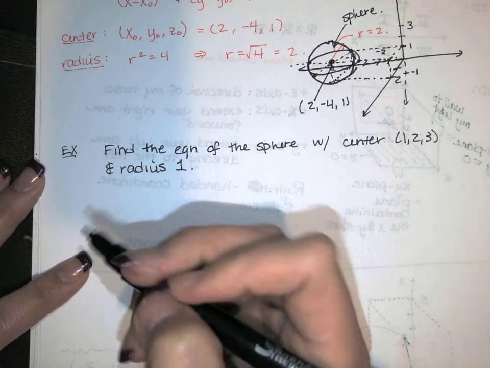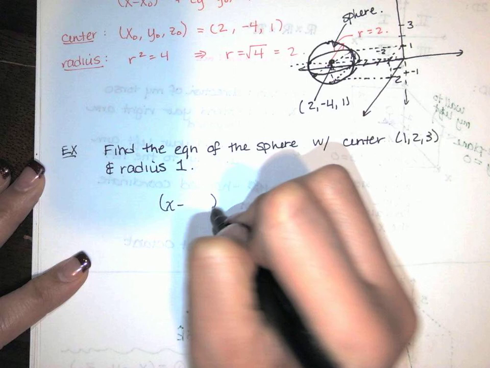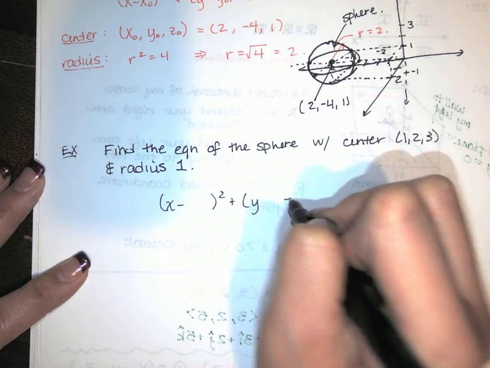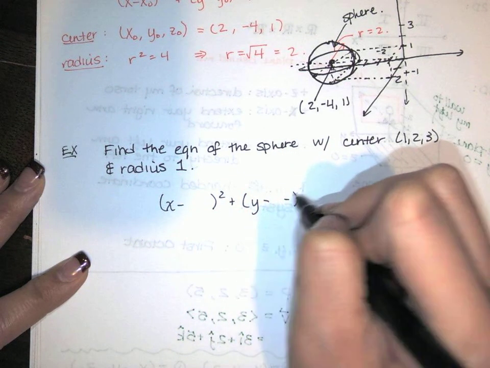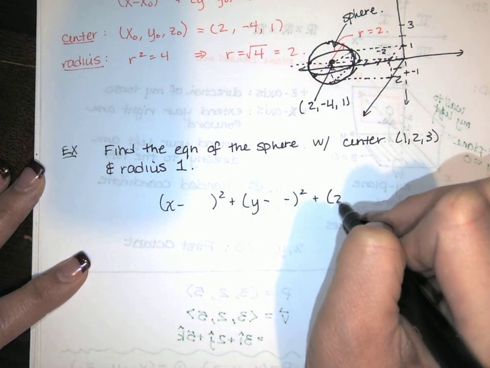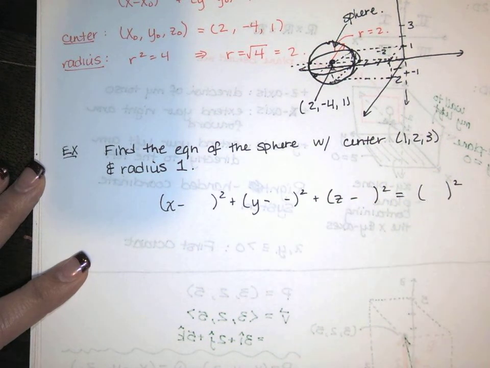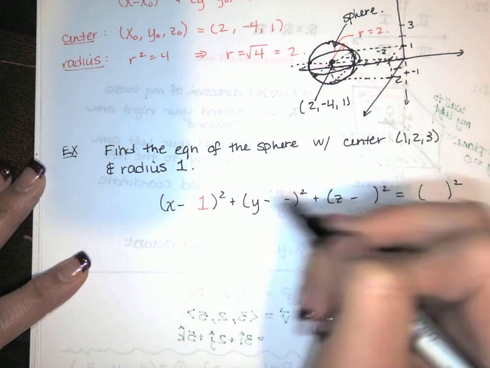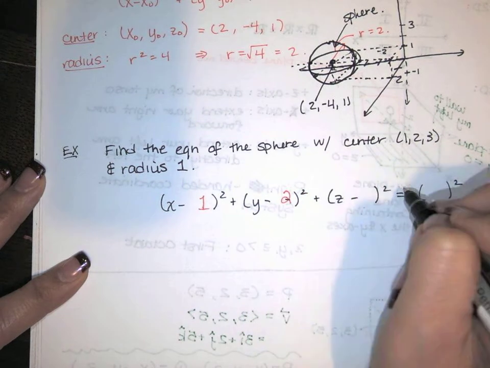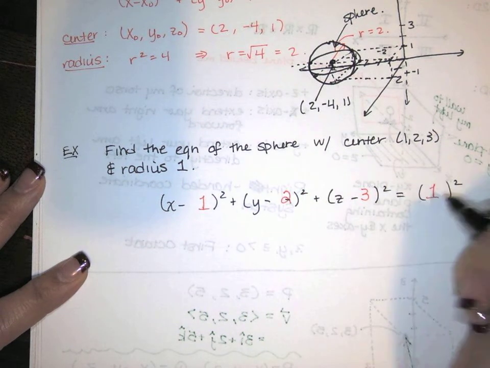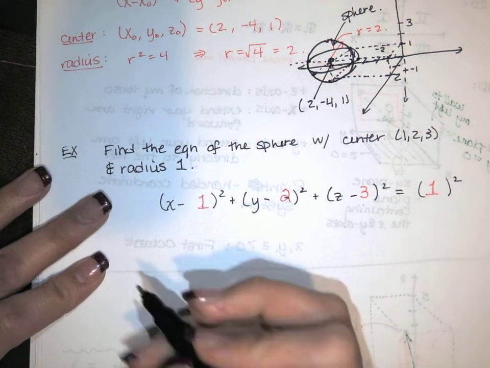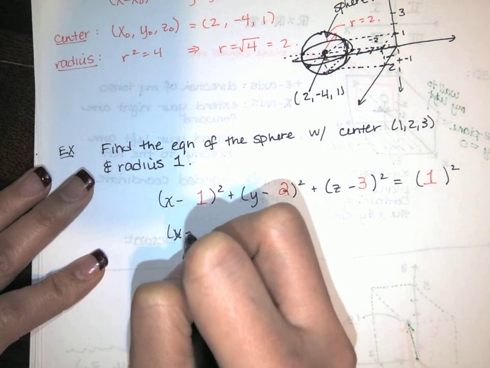So that's my x naught, y naught, z naught. I'm going to write down my equation. And I've got radius over here. Subtract 1 from the x, subtract 2 from the y, subtract 3 from the z, square the radius. Simplify, 1 squared of course is 1.